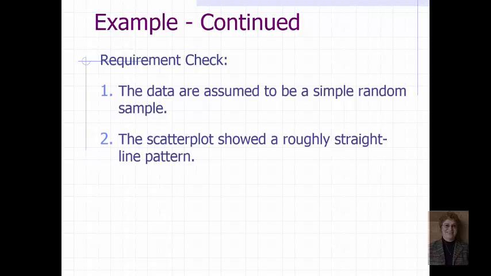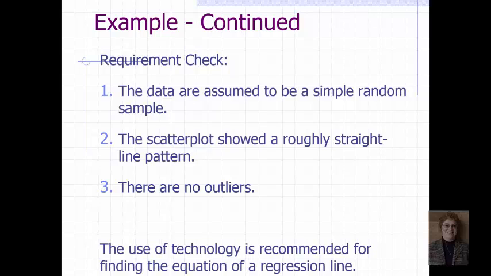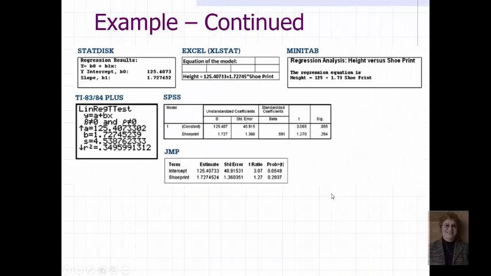We've already done the scatter plot, and it showed a roughly straight line pattern, and there were no outliers. So we are good to go, and we are going to use technology to find the equation of the regression line. Now here are some printouts from different kinds of software. The Minitab, they tell you your equation.